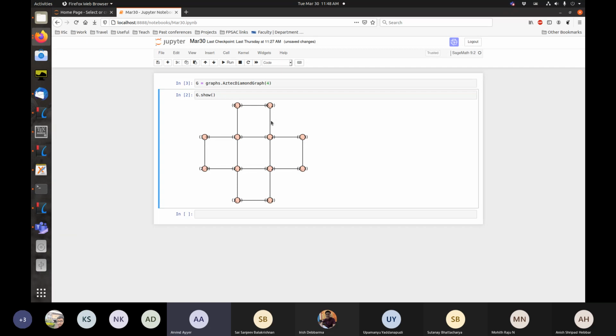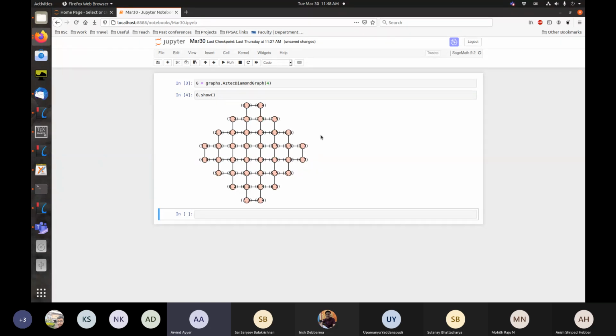So 4. Okay, so they again have this Aztec structure. I'll show you a nicer way to draw them in a second. But before that, let's count the perfect matchings.